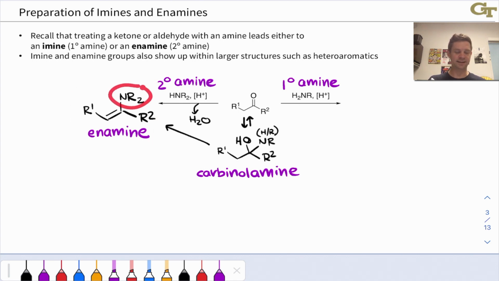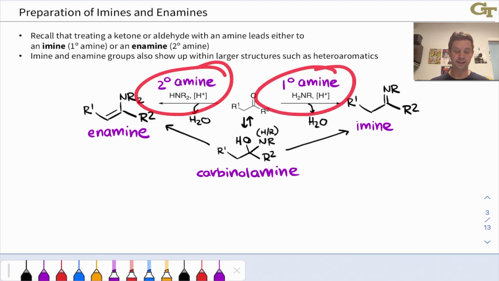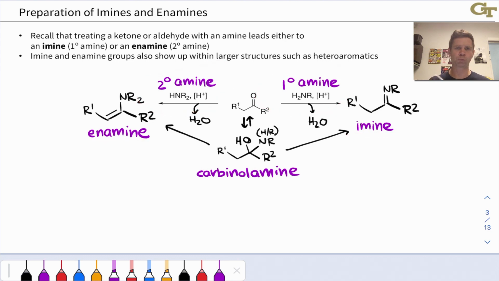And we can see the secondary amine as an NR2 group with a single C-N bond in that product. But for a primary amine, we have an H linked to the nitrogen, and that can be eliminated with OH. Loss of a water molecule occurs, and we get a product containing a C-N double bond, and that is the imine. So we can make imines or enamines depending on the substitution pattern of the amine nucleophile, and this works great with ketones and aldehydes.